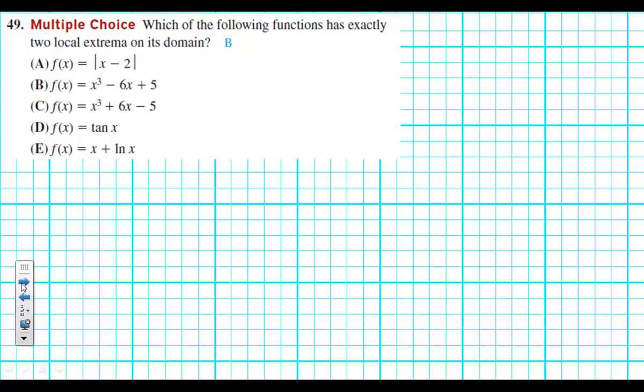49. Which of the following functions has exactly 2 local extrema in its domain? Well, let me tell you the ones I can eliminate. Based on my knowledge, it can't be D, the graph of the tangent function.